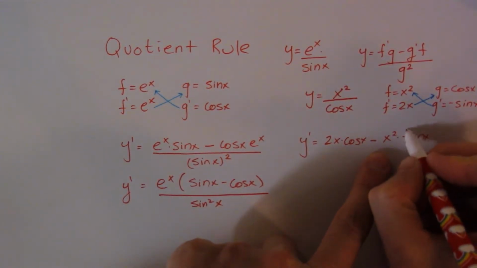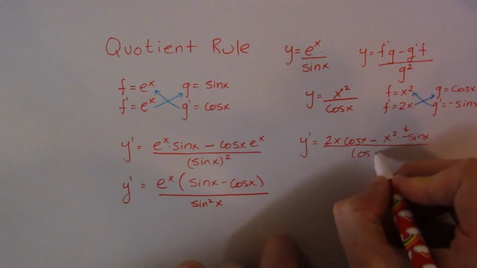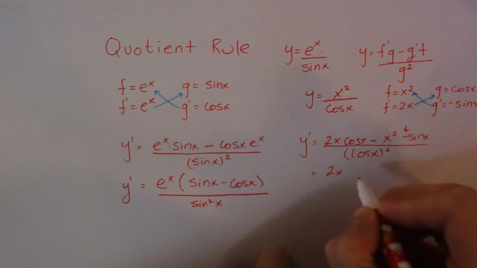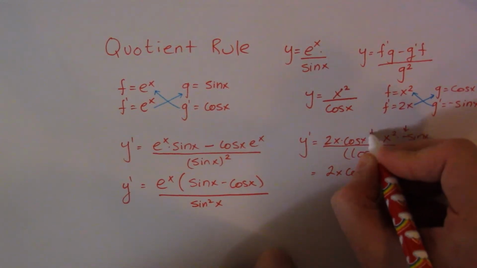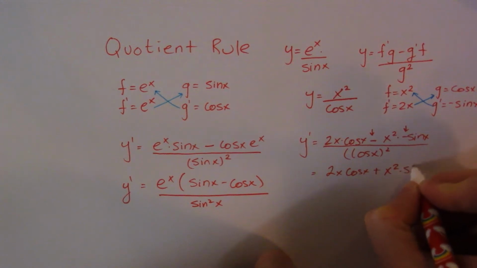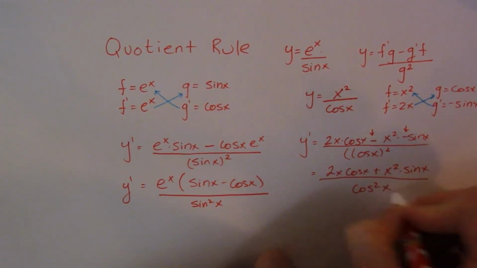The only thing we have to be careful with is this guy right here. I'll divide it by cos squared x. So I have 2x cos x, and then that negative and that guy makes a plus. So I get x squared sine x, divided by cos squared x.